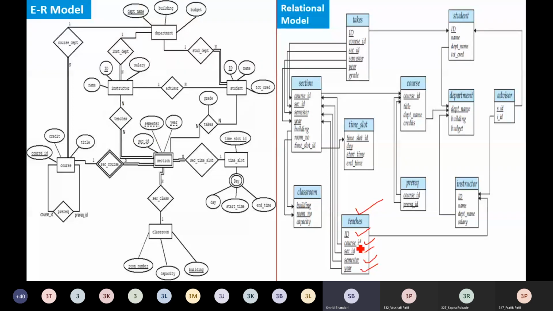So the arrow from all those attributes, or the link, will go from teachers to section, because these attributes in teachers are borrowed from section. So we are referring to section for these attributes. Similarly, ID in teachers is borrowed from the instructor table, and that is why we have the arrow from teachers to instructor.